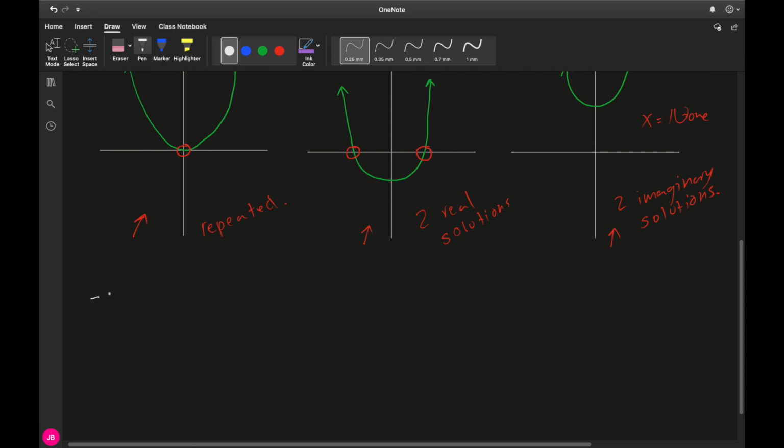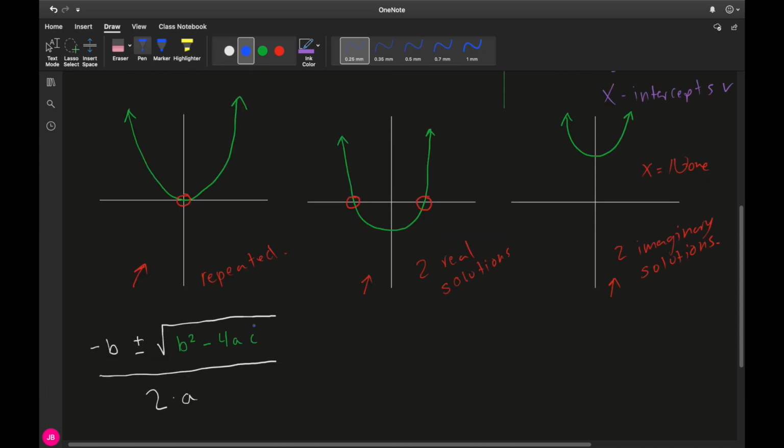So negative b plus or minus the square root of, and this is where the discriminant is, b squared minus 4ac, all divided by 2 times a.